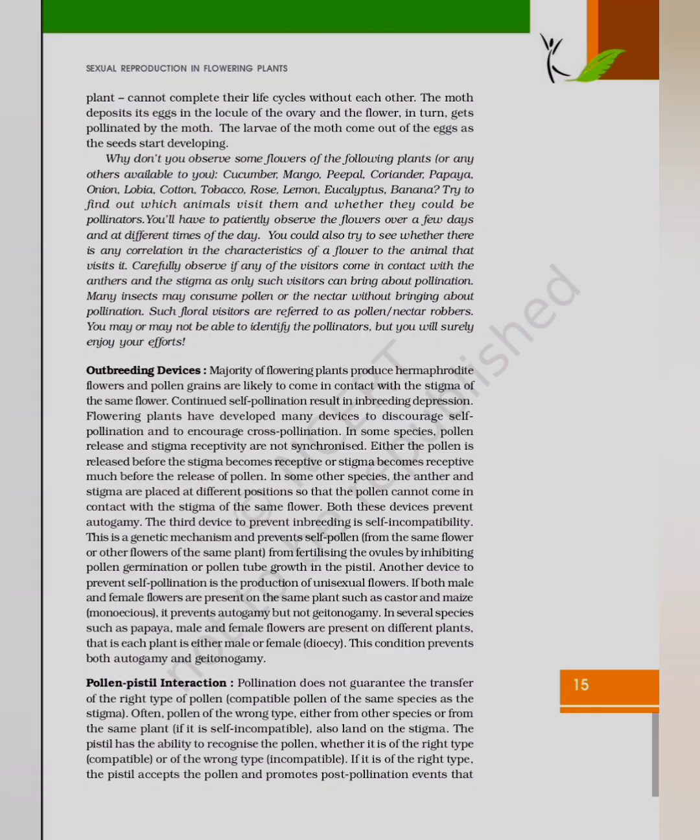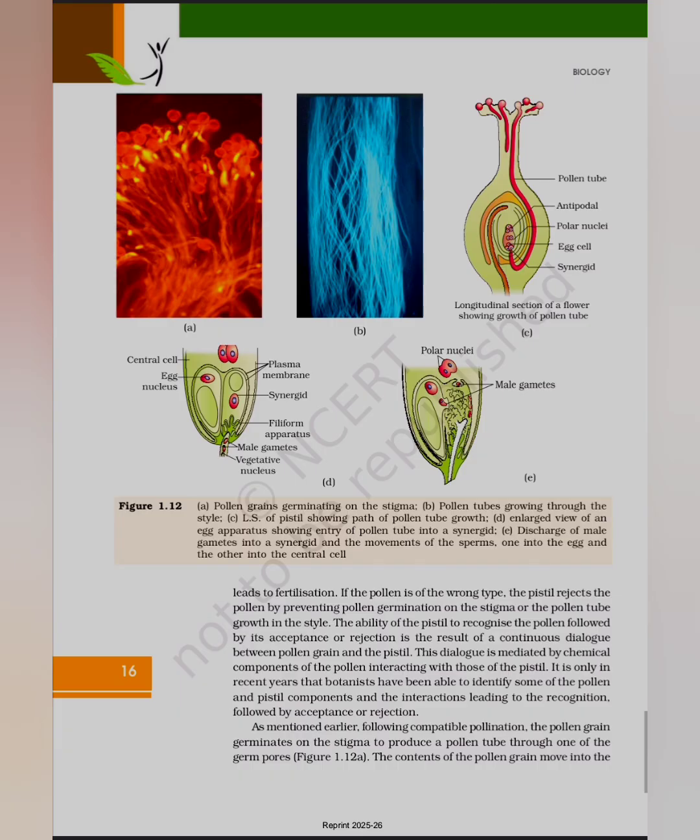If the pistil accepts the pollen, it promotes post-pollination events that lead to fertilization. If the pollen is the wrong type, the pistil rejects the pollen by preventing pollen germination on the stigma or pollen tube growth in the style.